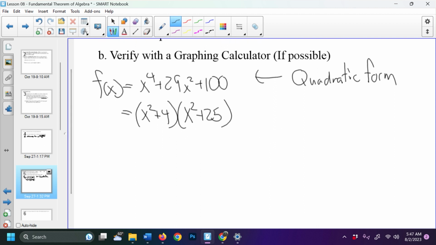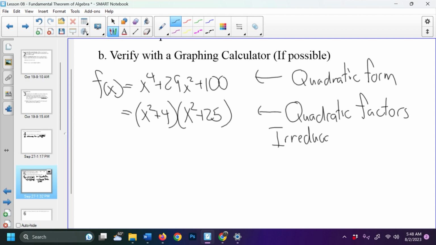Now, these are two quadratic factors, and we will see that they are irreducible over the real numbers. If they say factor completely over the real numbers, I would be done here. But again, we are going to take each of these and extract square roots.